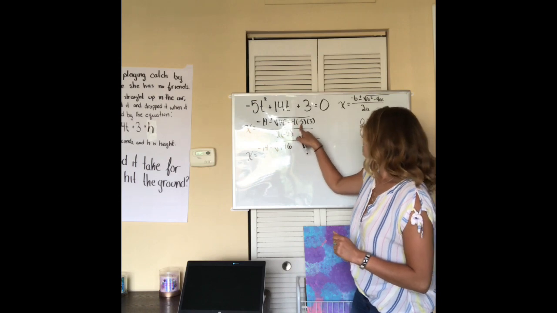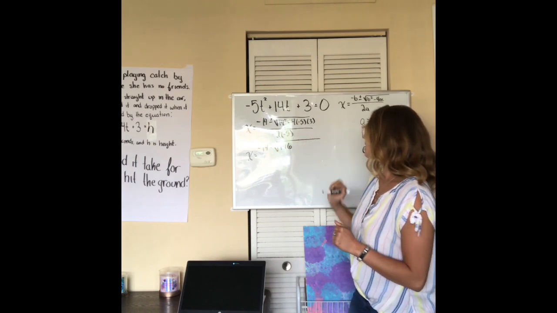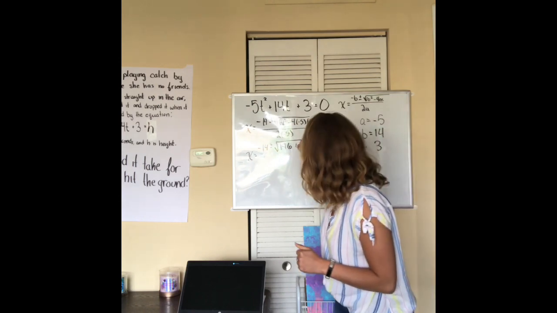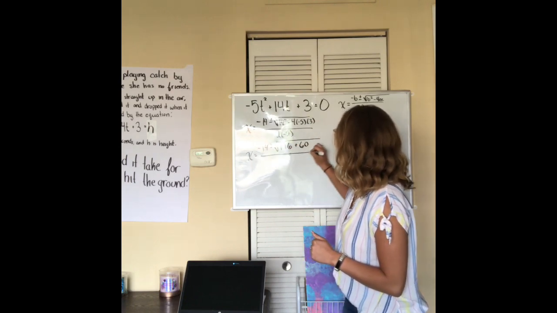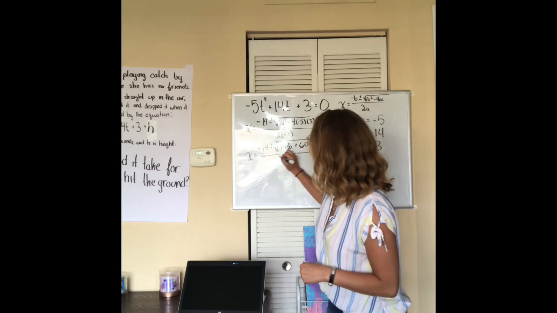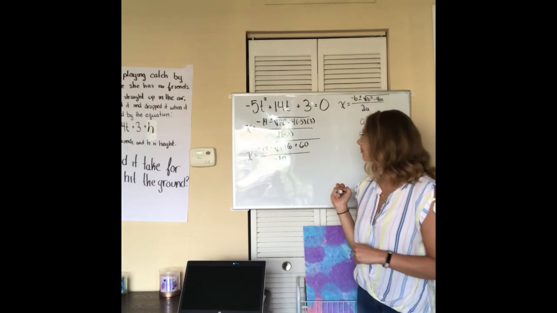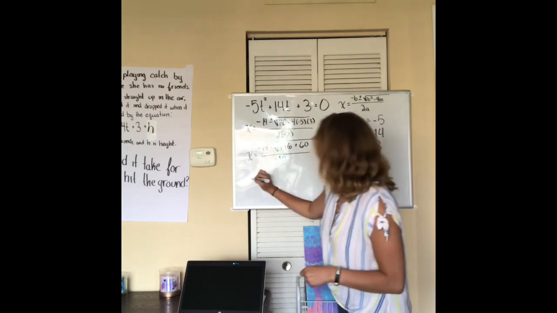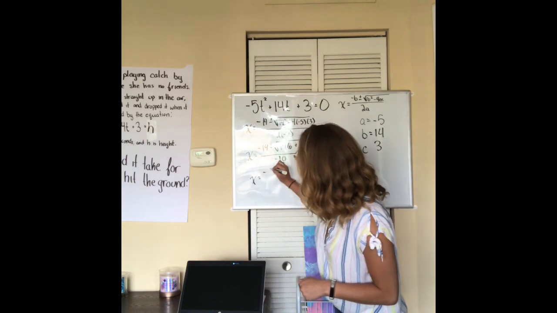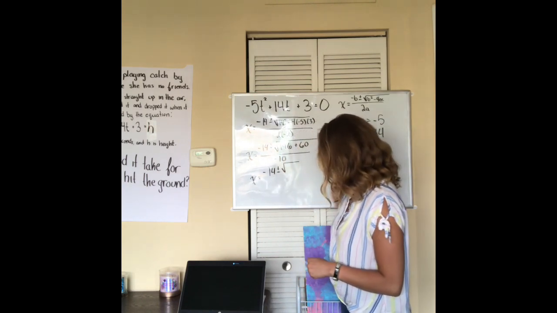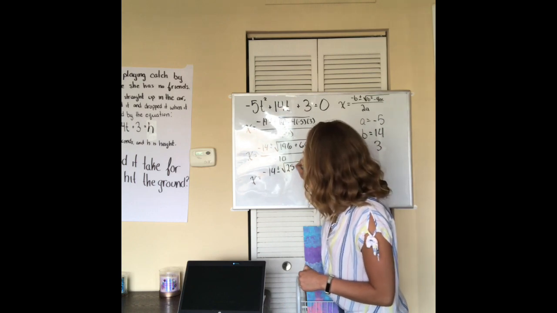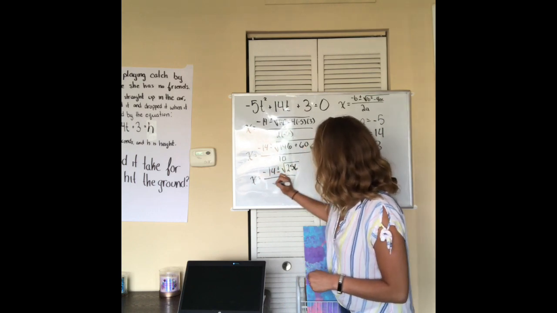Negative 4 times negative 5 is positive 20 times 3 is 60, all over 2 times negative 5 is negative 10. And now I can simplify again. X equals negative 14 plus or minus the square root of 256 all over negative 10.